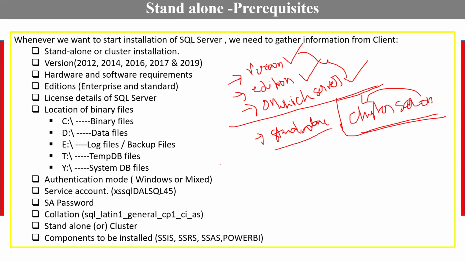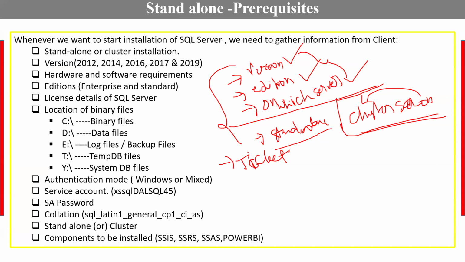Okay, sir, first you will get the ticket. First, you need to get these four pieces of information: on so and so server, so and so version, so and so edition, and I need to install standalone. I got this information. Will you directly go and install the SQL Server?